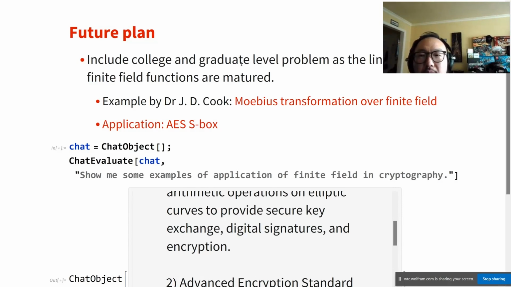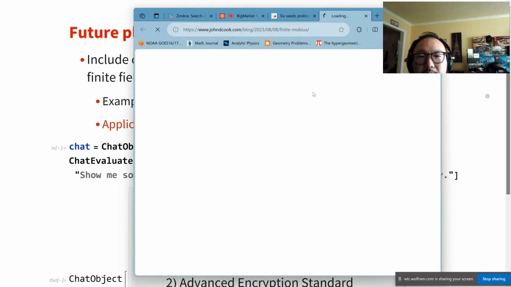But since more and more functionality in linear algebra and finite field functions is being added to Wolfram language, and they are getting more mature, I think I can demonstrate lots of interesting material in high-level math with a minimum amount of code. For example, there's a very commonly used finite field application in cryptography. It's called the Möbius transformation.